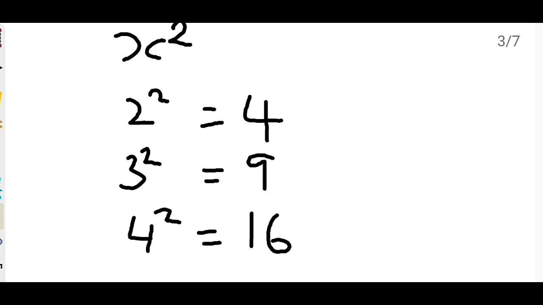So some examples of perfect squares are 2 squared, which is 4, 3 squared, which is 9, and 4 squared, which is 16.